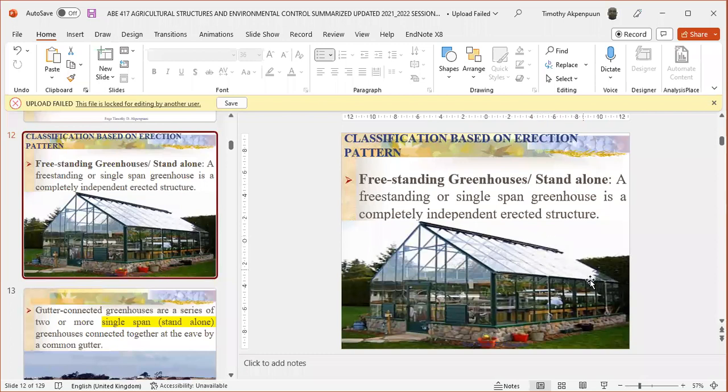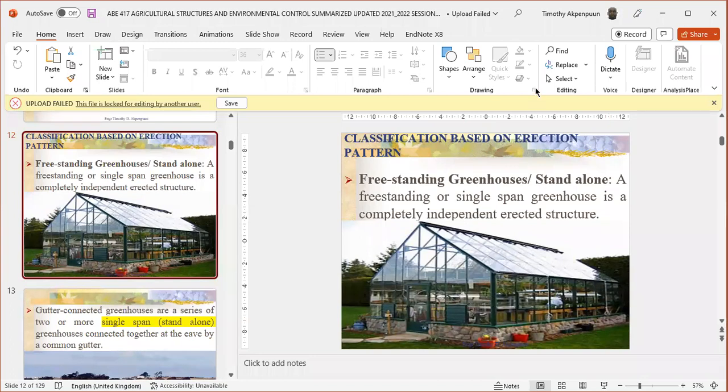Rafters. Rafters are beams that are installed at an angle. And you know these vertical ones here are called what? Columns.